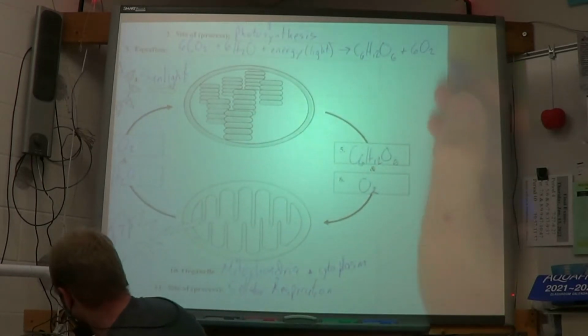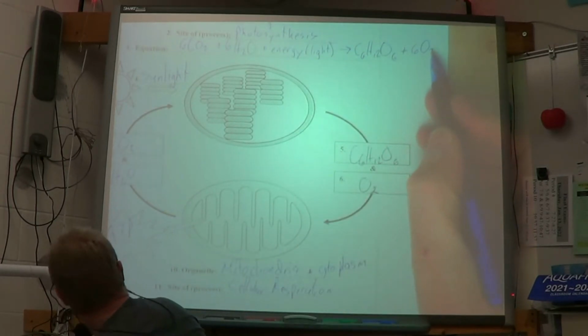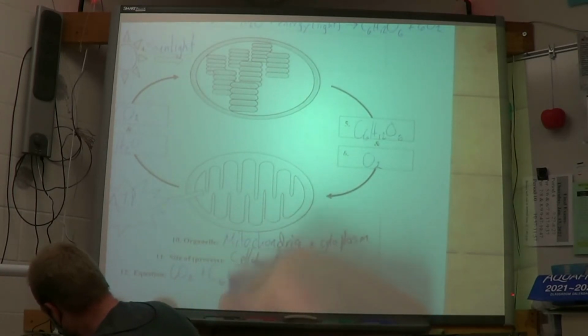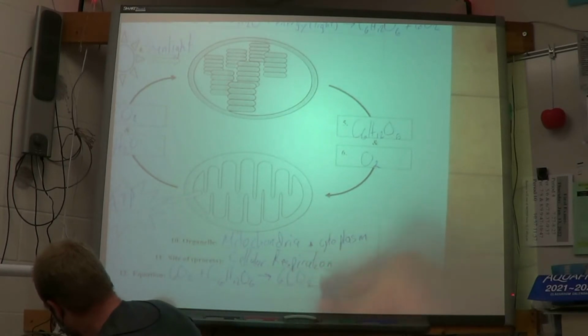So if I simply take my products and make them my reactants, I have 6 O2s, I have C6H12O6, arrow, 6 CO2s, 6 H2Os, and energy.